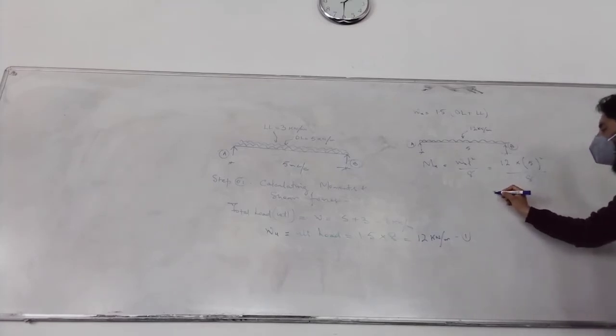Again, it was not given in the question whether it's center to center. You are assuming here that it was given as center to center. You have to read the question carefully whether it's given as clear span or effective span. If nothing is mentioned, you take it as effective span between the center of the columns. Now, 12 into 5 square, how much is this coming to be? 37.5 kilonewton meter.